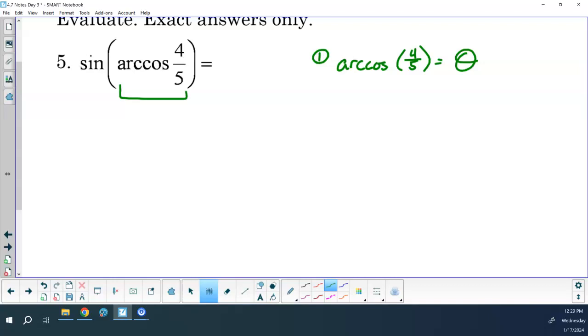Arc cosine is top half of the unit circle, right? Where is arc cosine positive? Quadrant 1 or quadrant 2? Quadrant 1. So let's draw ourselves a quadrant 1 triangle.